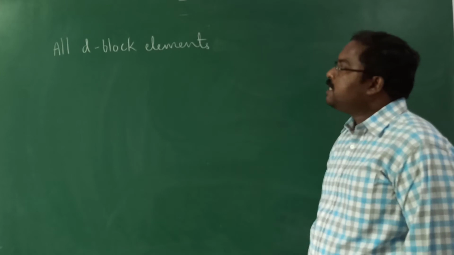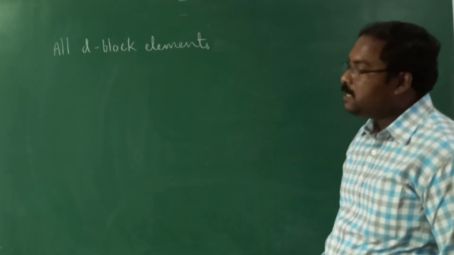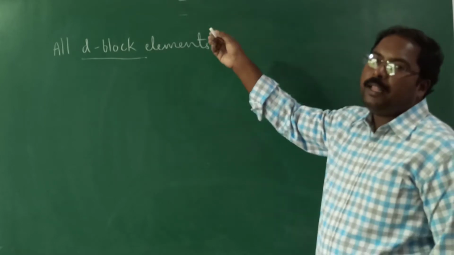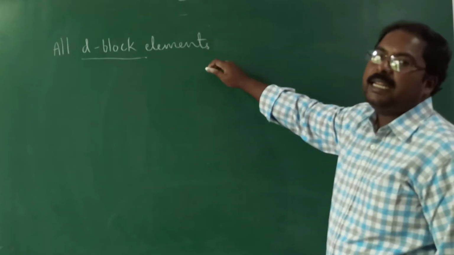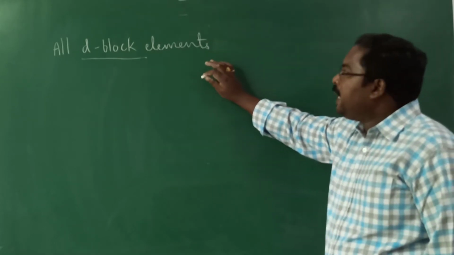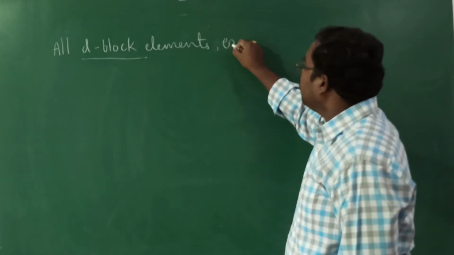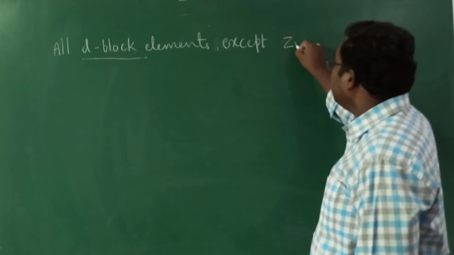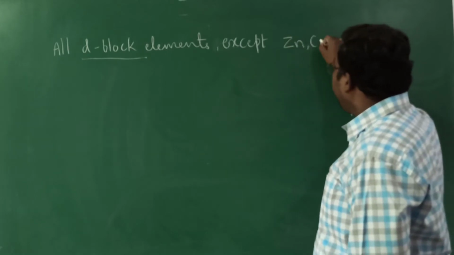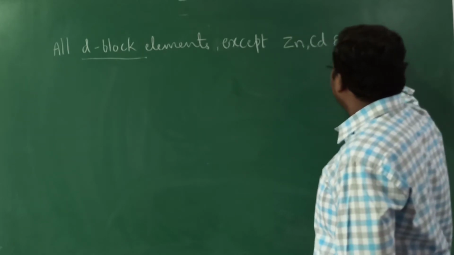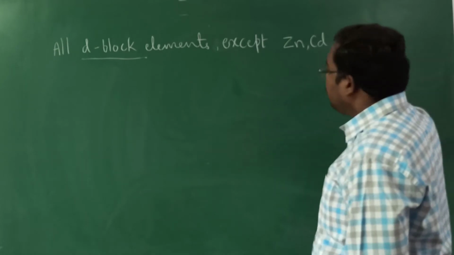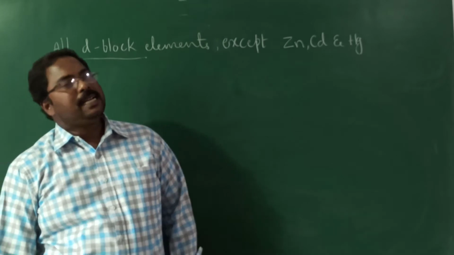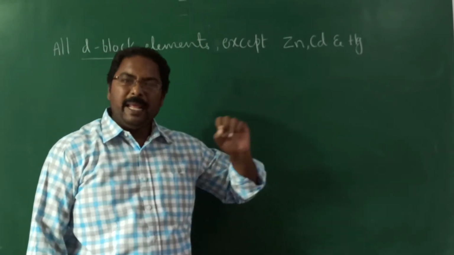But regarding these D block elements also, there is an exception. In a simple way we say that all the D block elements are transition elements, except zinc, cadmium and mercury.